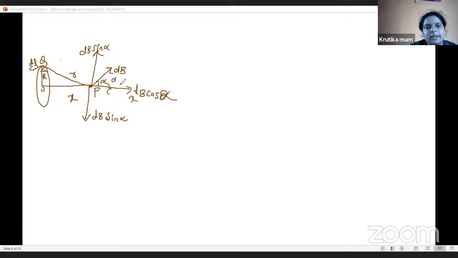If you know first year vectors well, you will understand how we resolved it. So this is resolving dB along the two components, along the x-axis and along the y-axis.